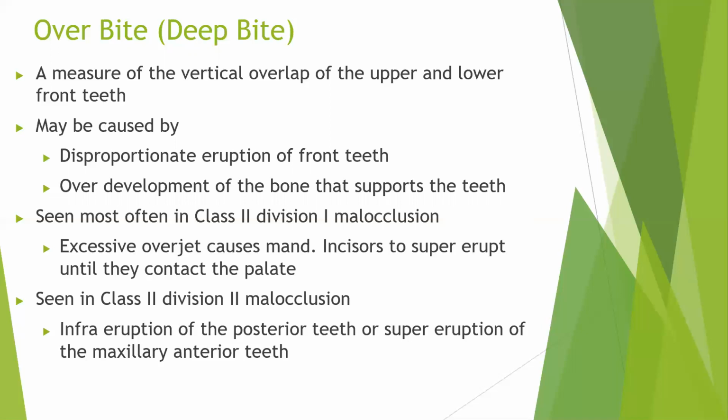Many times it is seen in Class 2 Division 2 malocclusions as well. This is where infra-eruption of the posterior teeth or super eruption of the maxillary anterior teeth is noted.